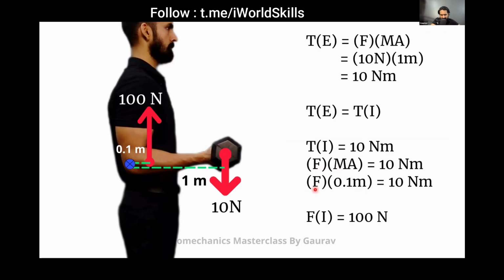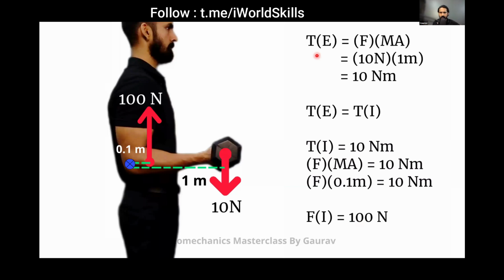So this internal torque is equal to 10 Newton meter, same as external torque. Now, when you move this 0.1 to the right hand side, it goes into the denominator. Basic mathematics. 10 divided by 0.1 gives you 100 Newton. So your bicep force, your internal force, is coming out to be 100 Newton. If this calculation is clear, just type 1 in the chat quickly.